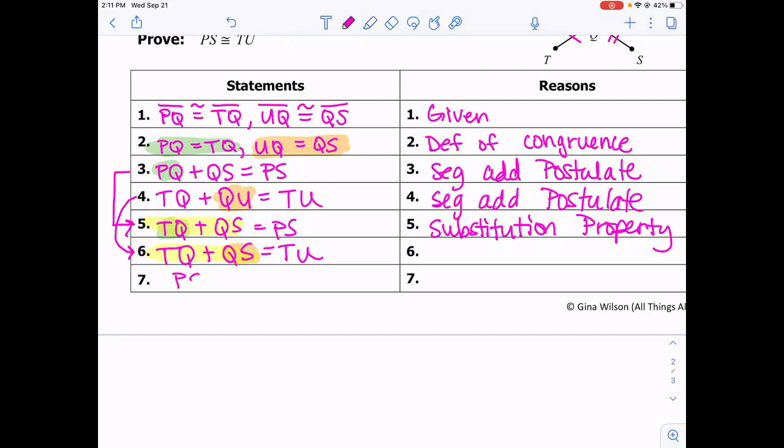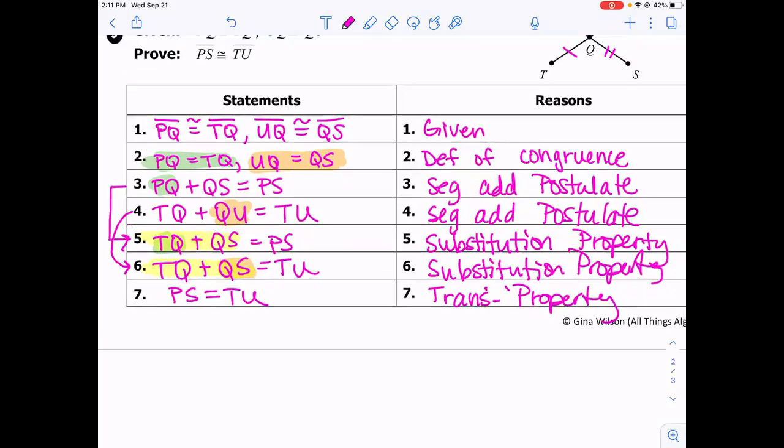So PS equals TU. Wait, what's number 6's property? Substitution. And another one. Yep. And then we use the transitive property. Wait, you need the line over the PS.